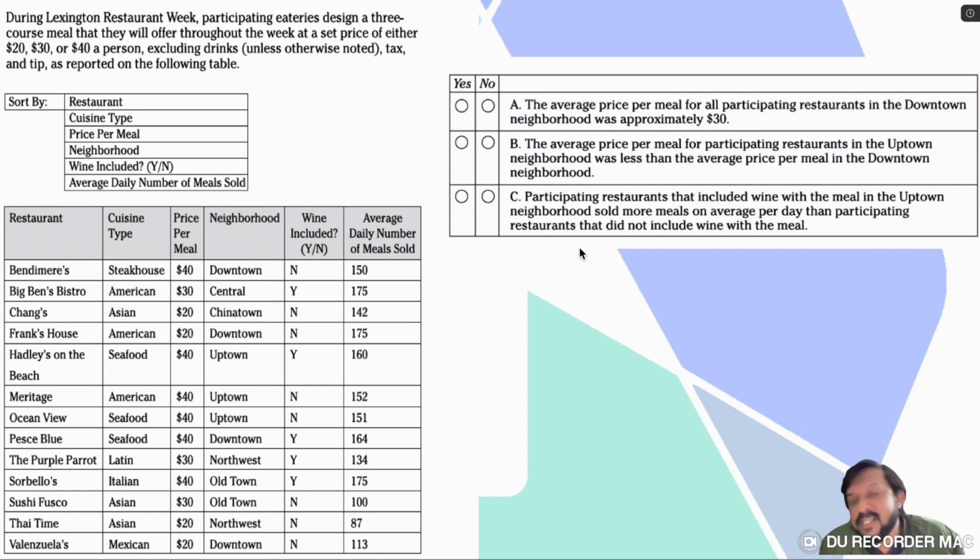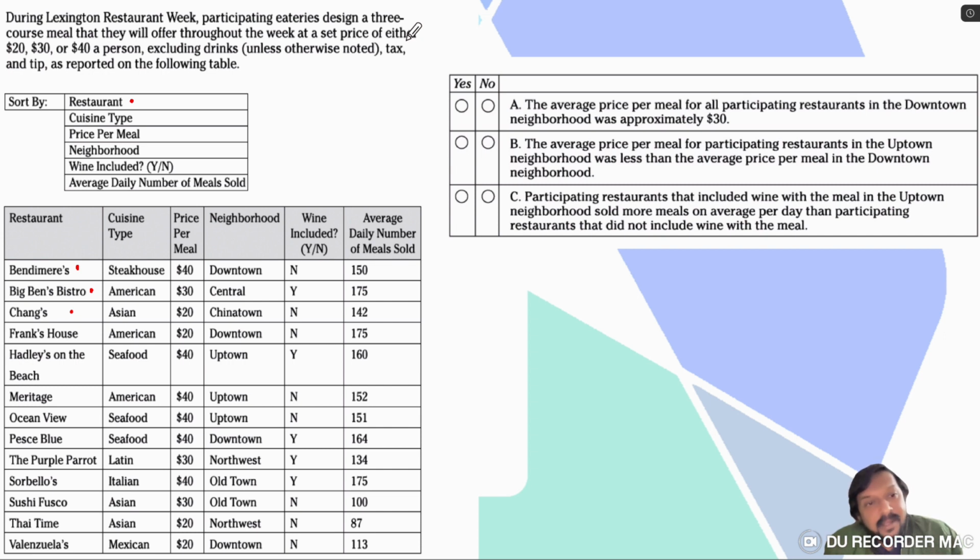One very interesting thing about this part is that they allow you sorting. What it means is that if you closely look at the names of the restaurants, they have been arranged in alphabetical order, as per the name of the restaurant.